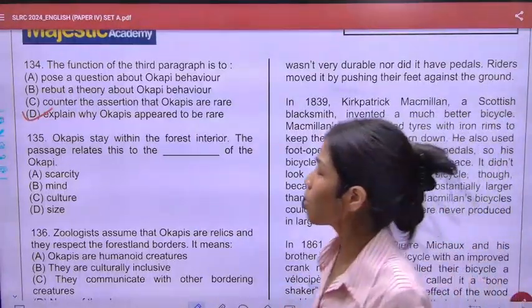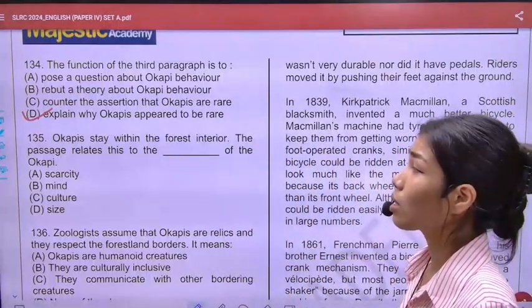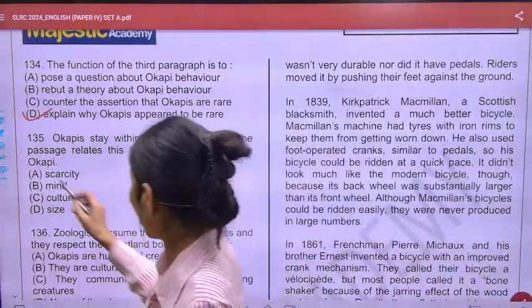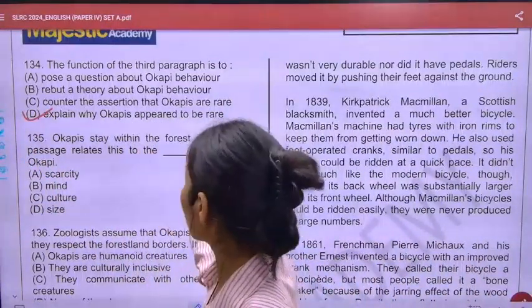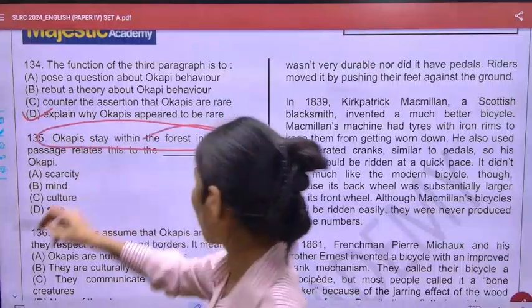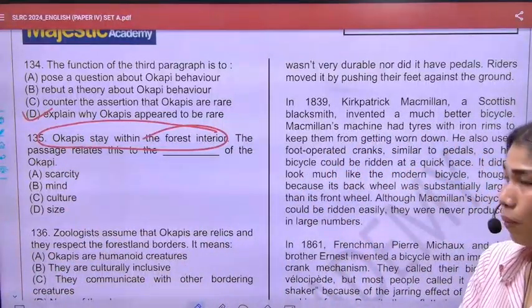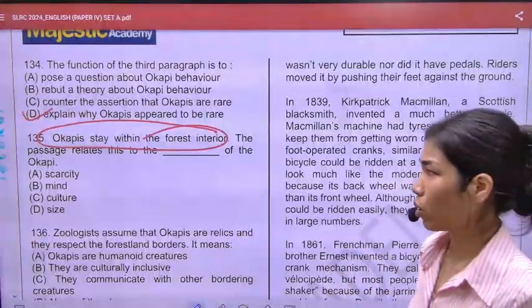Next one, okapis stay within the forest interior. The passage relates this to the dash of the okapi. So okapi is an animal that stays within the interior of the forest. As I said, they do not come out into the plain land outside the forest, they like to stay in the deep forest, okay?